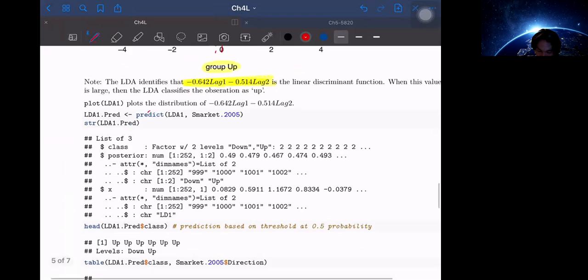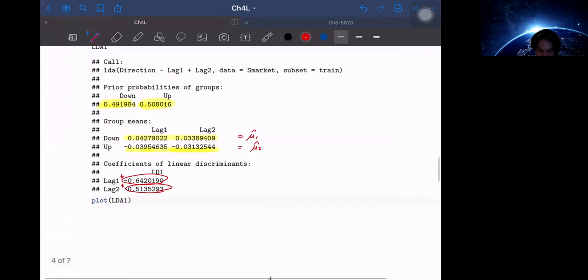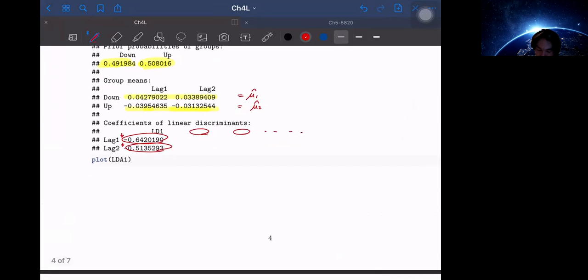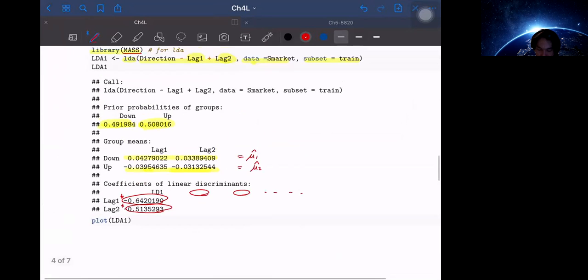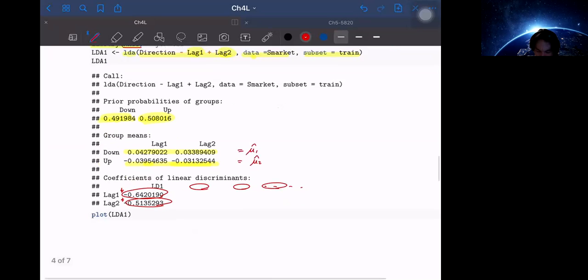If we have multiple predictors, then we have LD2, LD3, and so on. I'm not exactly sure how many linear discriminant functions there are here. If we have five predictors, possibly we have four linear discriminant functions.